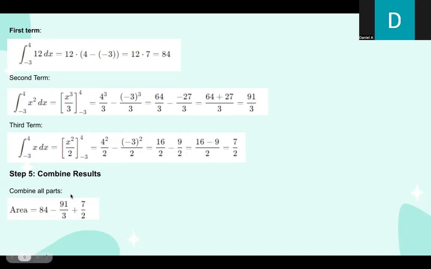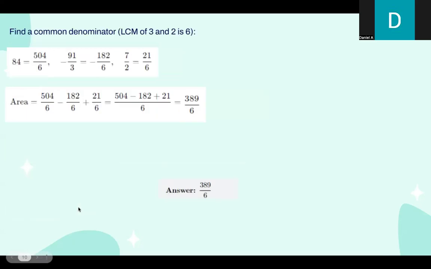Now, if you combine all these parts, the area should be 84 minus 91 over 3 plus 7 over 2. Now, find a common denominator. The LCM of 3 and 2 is 6, so 84 equals 504 over 6, negative 91 over 3 equals negative 182 over 6, and 7 over 2 equals 21 over 6.